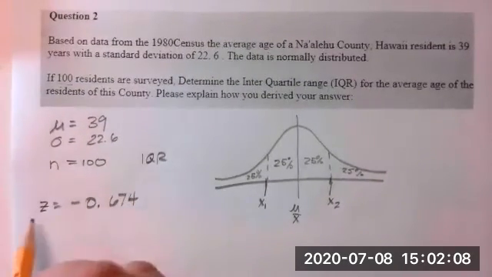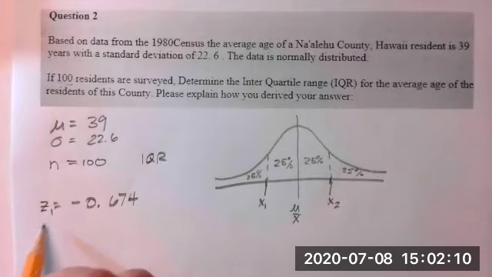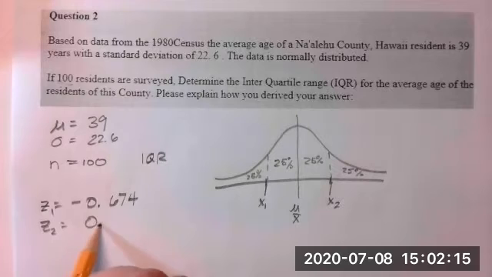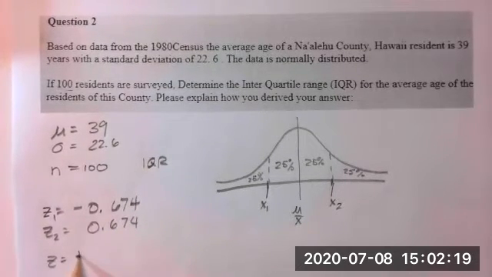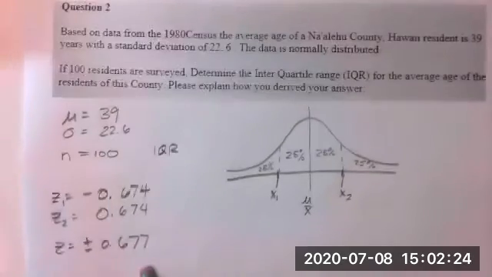Because it's symmetrical, my second z value is just the opposite of that, positive 0.674. Or we could say our z values are plus or minus 0.674.